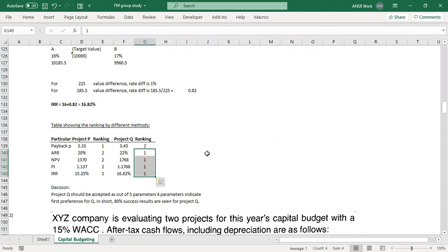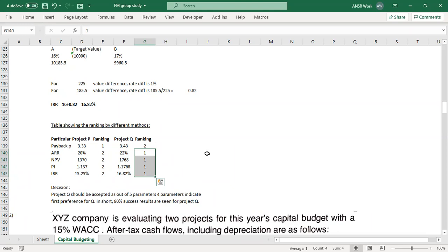So we can do ARR on the fly, but we can't do IRR on the fly. We have to do some interpretation and analysis. IRR is slightly more complicated than ARR, and the whole logic is that your inflow should equal your outflow at that particular rate of interest. Is that okay?